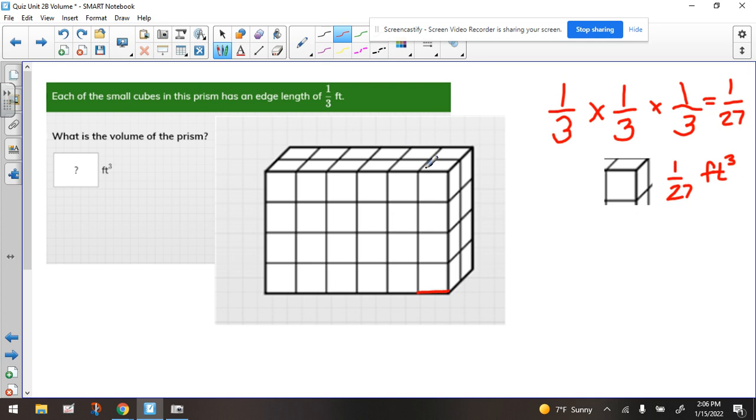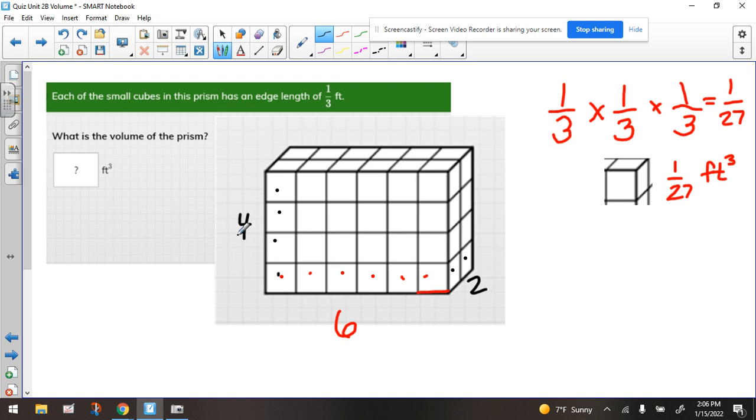All right, so if we know that we have a bunch of cubes that are like that, how many of those do we have? Let's count going across. We have 1, 2, 3, 4, 5, 6 of them going that way. We have 1, 2, 3, 4 of them going that way. And we have 1, 2 of them going back.